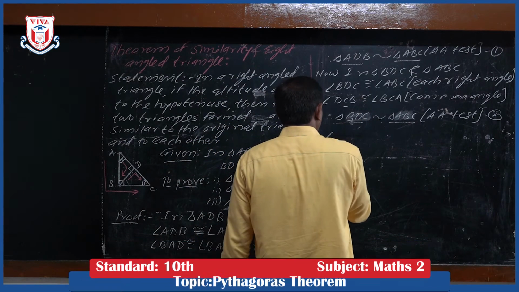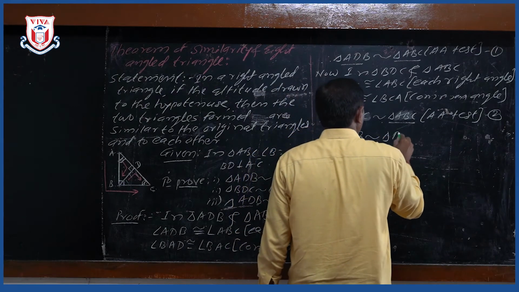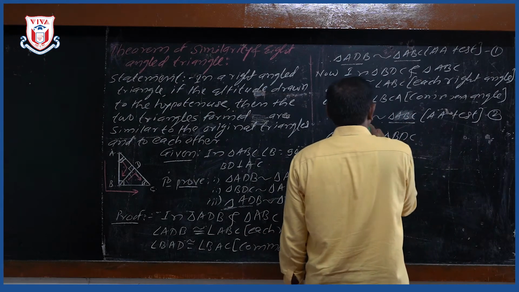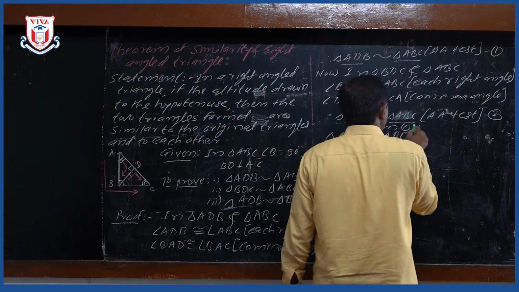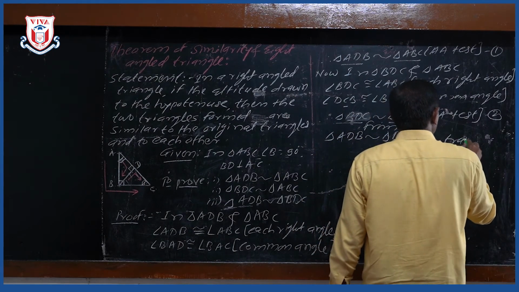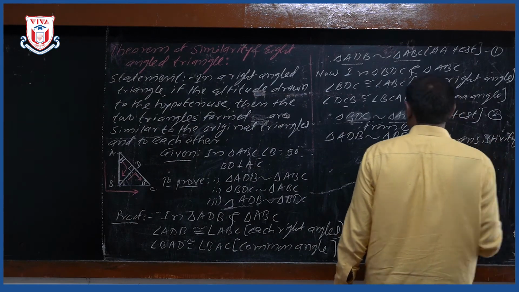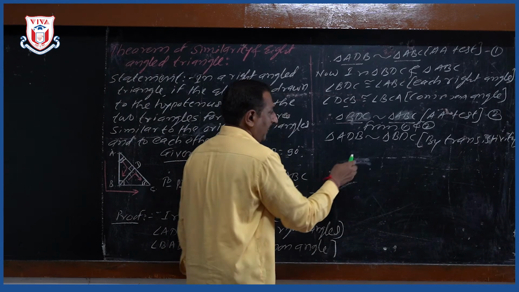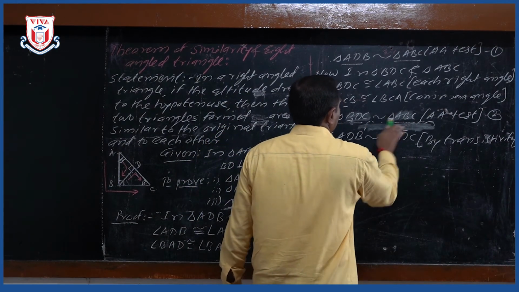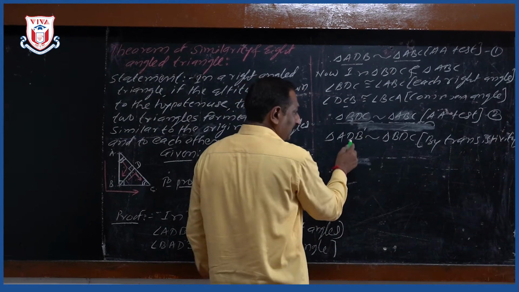Hence triangle ADB is similar to triangle BDC, from 1 and 2, by transitivity.